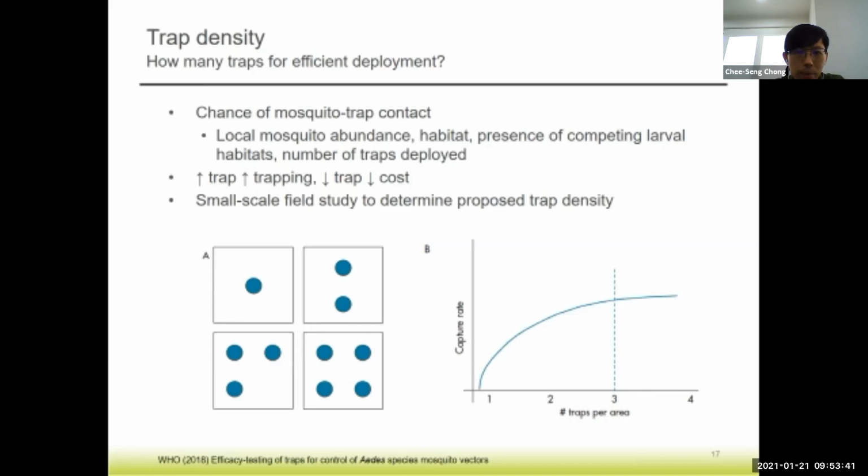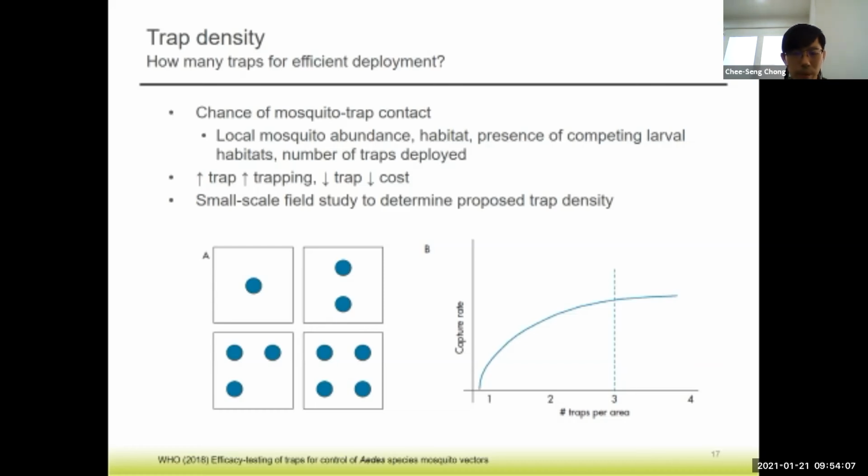But I think the question is really what you want to get out of this trapping itself. Do you want to understand whether there's presence of a vector, or are you trying to assess the population size and so on? There are some things to ask first before you can really say whether it's better or not.